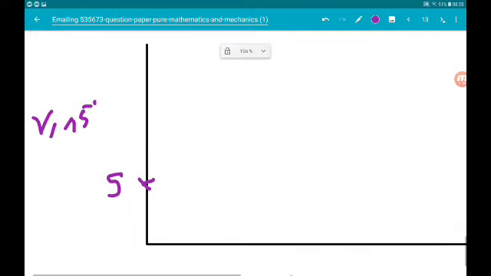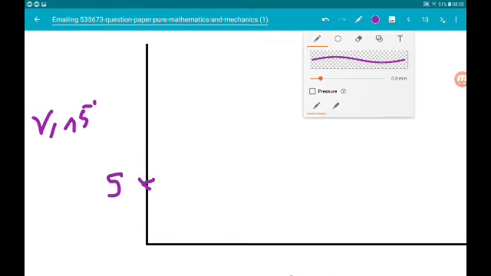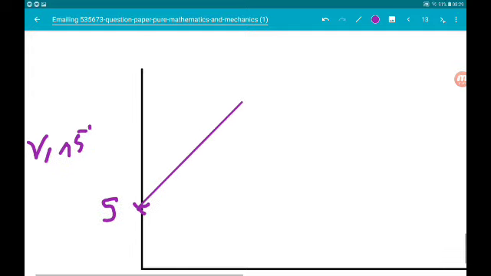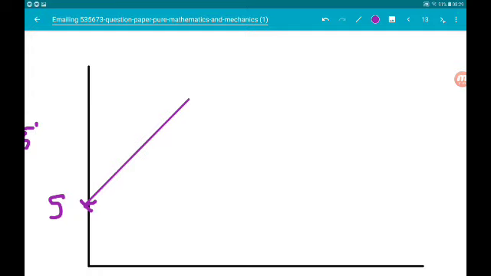Now it's going to accelerate constantly, so we use a straight line till it gets up to 17.8, and then from that it's just a horizontal line.